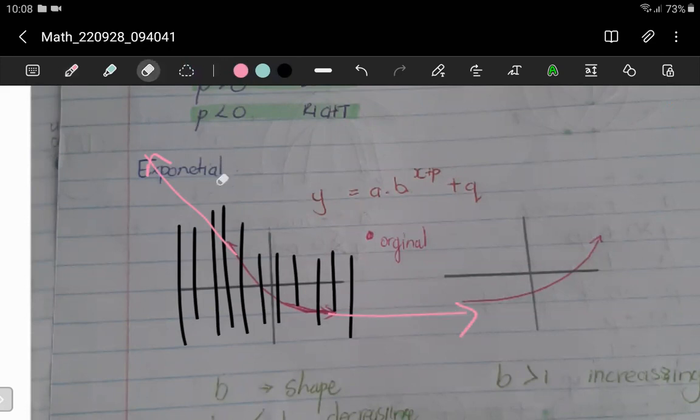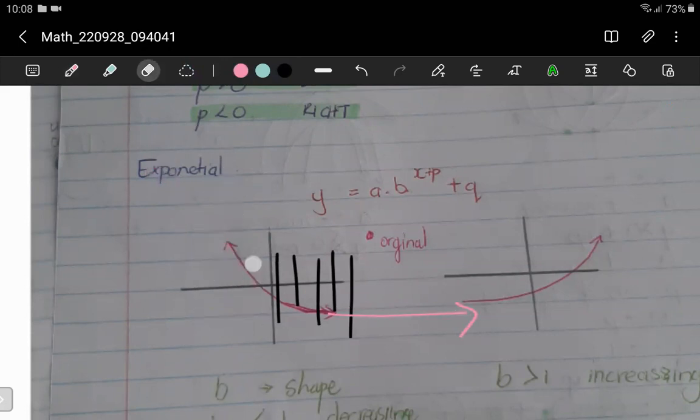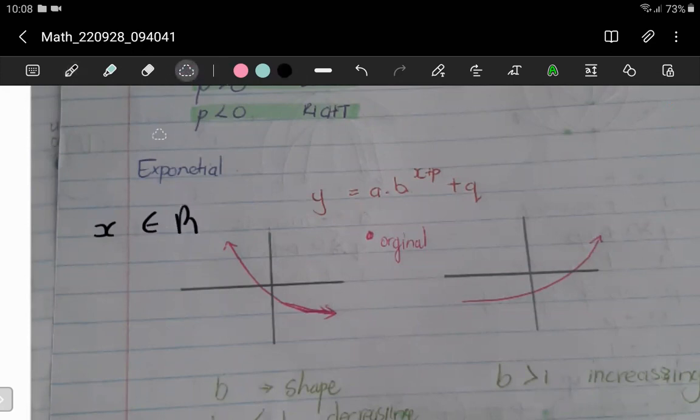So that's why the domain here is just x is an element of R. That's the domain.